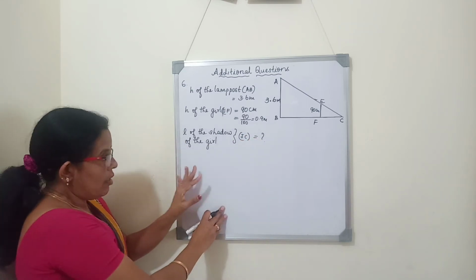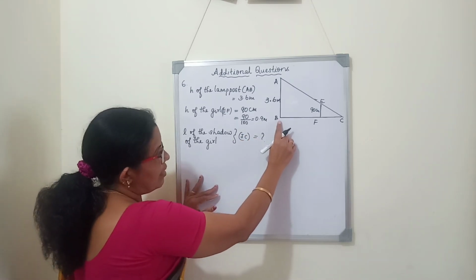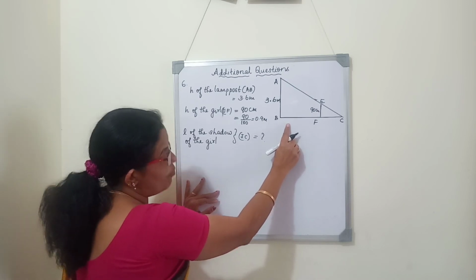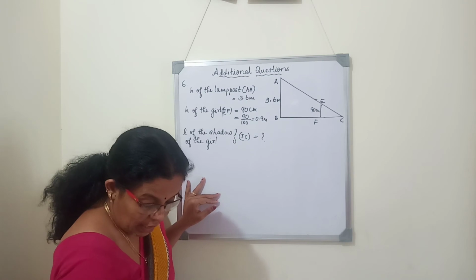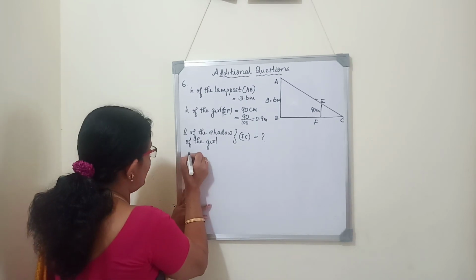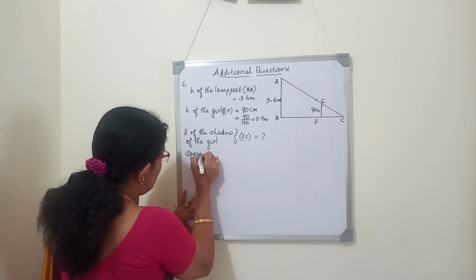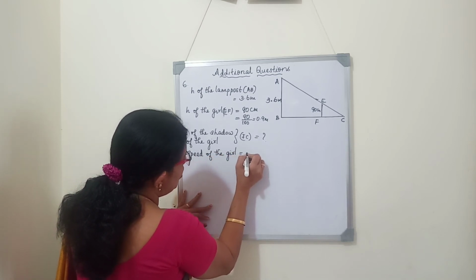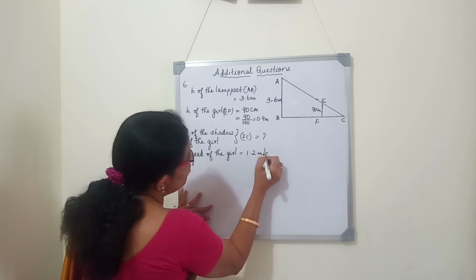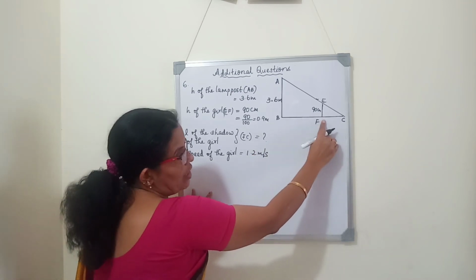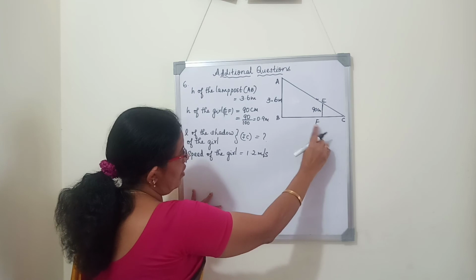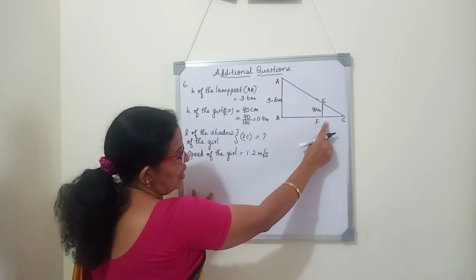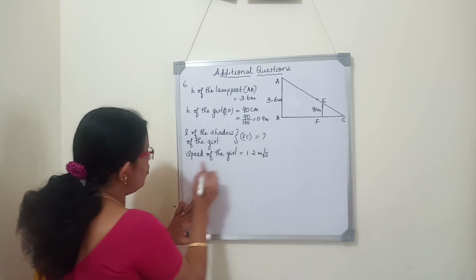Now it is given that the girl started from the base of the lamp post and is walking with a speed of 1.2 meter per second. After 4 seconds, she reached here. So what is the length of BF, or how much distance she travelled? It is not given. We have to find out.